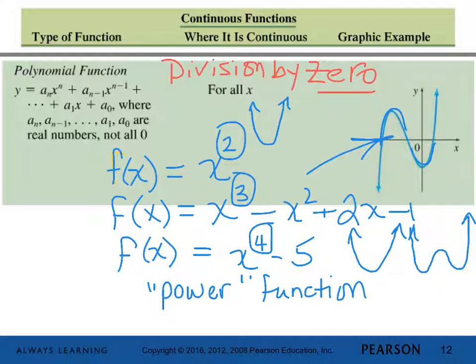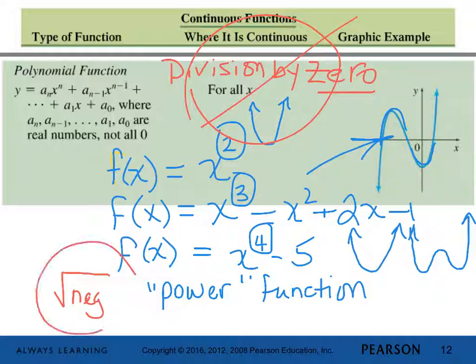And a square root or any other even root of negative values is also undefined. So you can't do this and you can't do that.